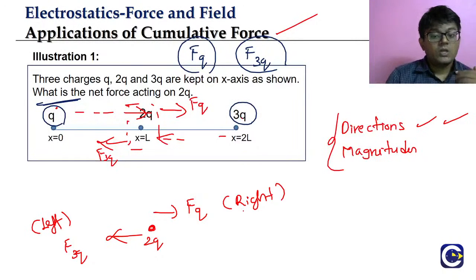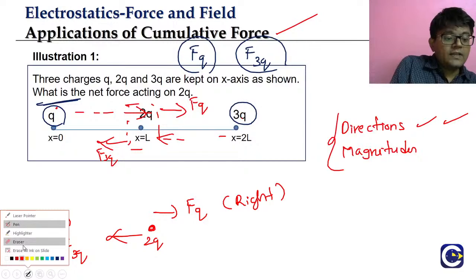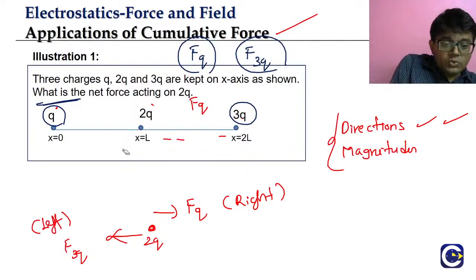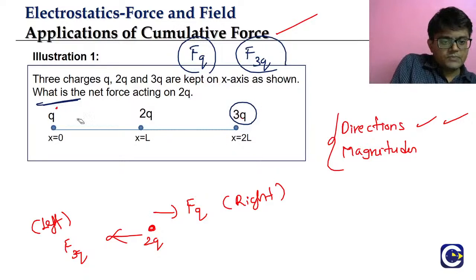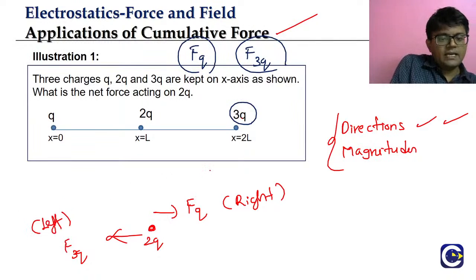அதுக்கப்புறம் என்ன வேணும்? We should know the force ஓட magnitudes. இப்போ பாருங்க, first we will look at what is the magnitude of the force between q and 2q. அந்த ரெண்டு சார்ஜ் நடுவுல what is the force between them? அதுக்கு நம்ம எந்த ஃபார்முலா இருக்கா? கூலும்ஸ் லா ஃபார்முலா தானா?